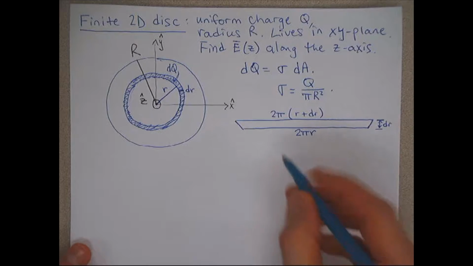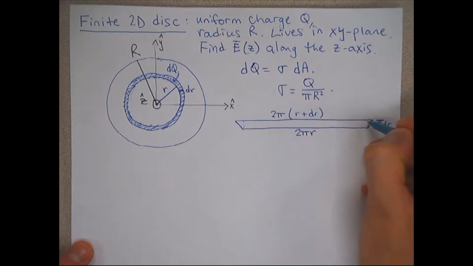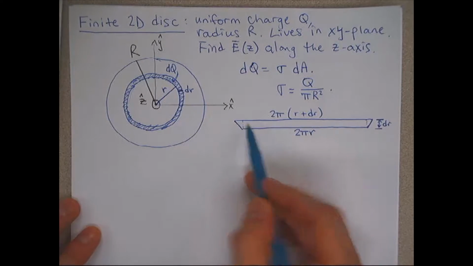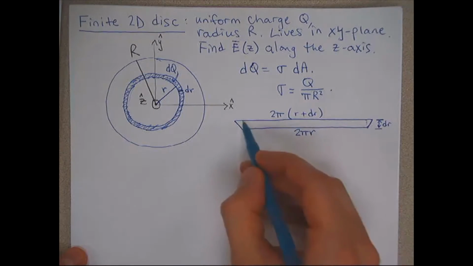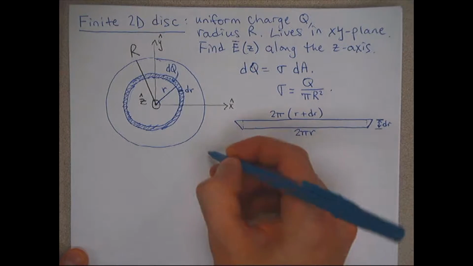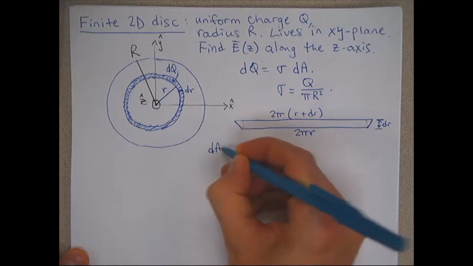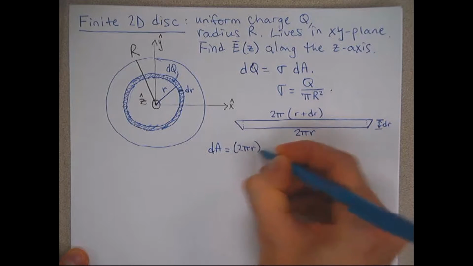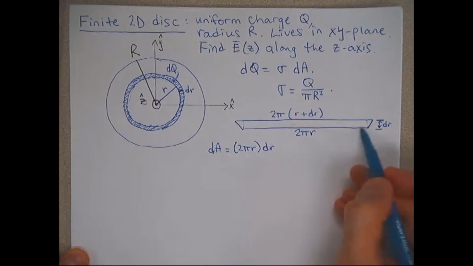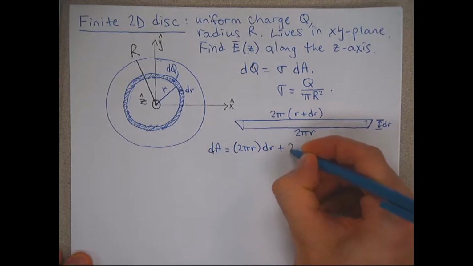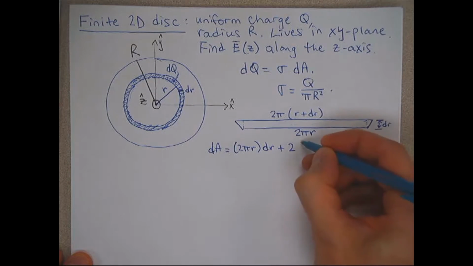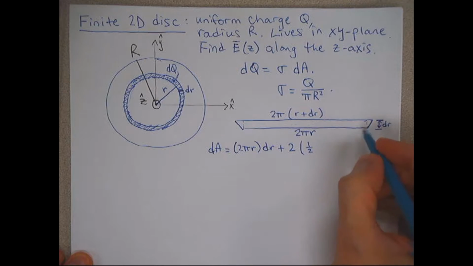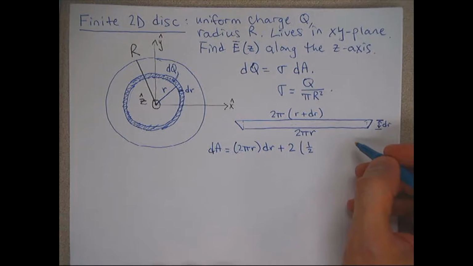If you do not know the formula for the area of a trapezoid, it's okay. I don't know it either. I'm going to take the area of this rectangle first and add the area of the two small triangles at the end. So the total amount of area here, dA, will be the rectangle, 2 pi r dr, and we're going to add two triangle areas, and I can remember that the area of a triangle is a half the base times the height.